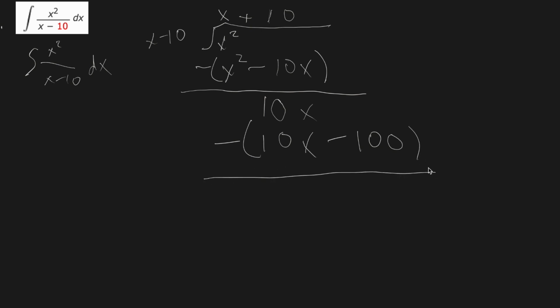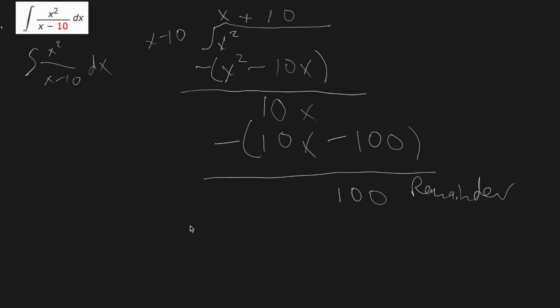which when we do this subtraction, since a negative and a negative becomes a positive, it leaves us with only positive 100. Now, instead of multiplying by 100 over x to give us 100, we are just going to call this the remainder.